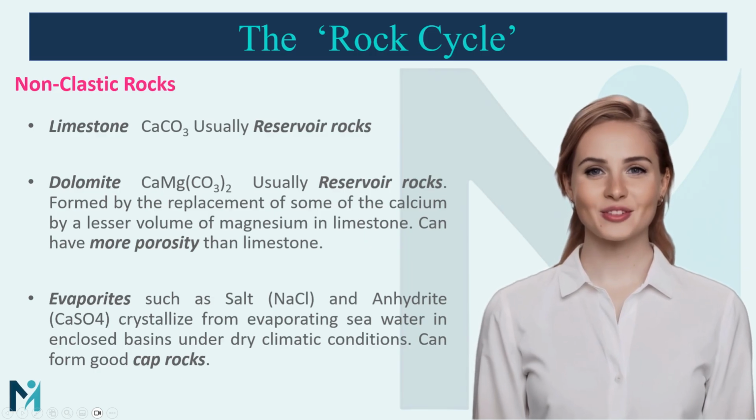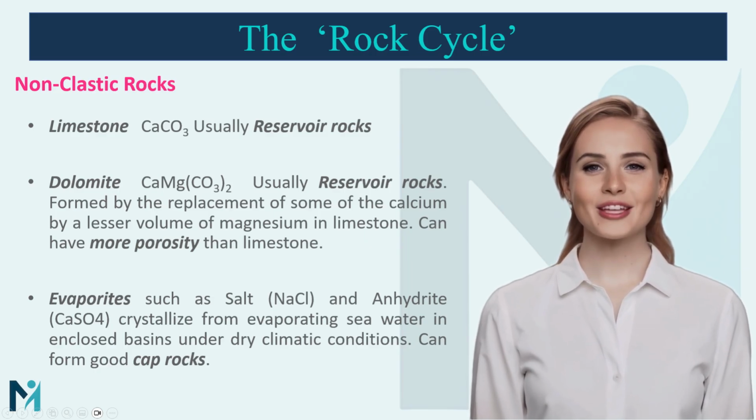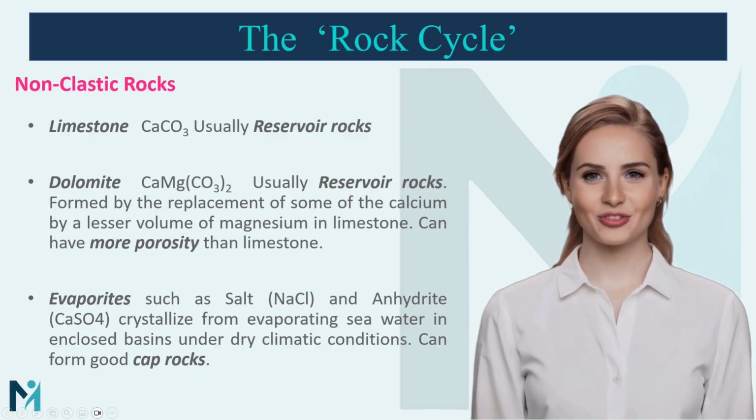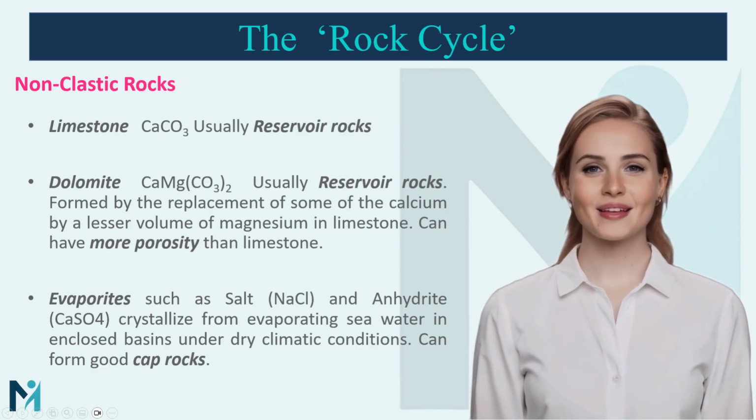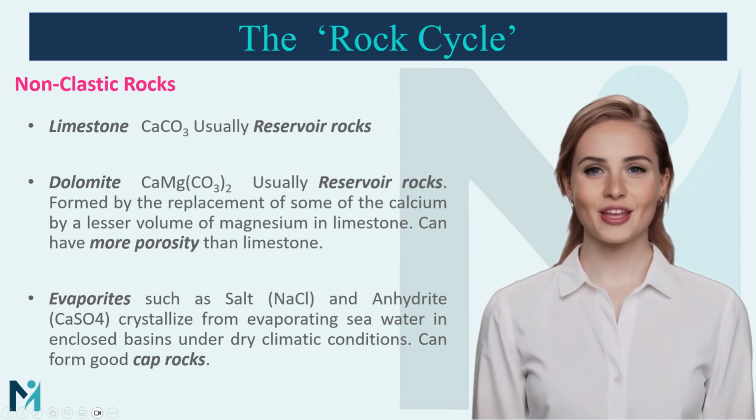Next, let's look at chalk. Chalk is a fine-grained, soft variety of limestone, made mostly of microscopic plankton shells called coccoliths. What's unique about chalk is that it can have very high porosity, meaning lots of pore space for fluids, but that doesn't mean it's a great reservoir by default. Why? Because its permeability is often extremely low.